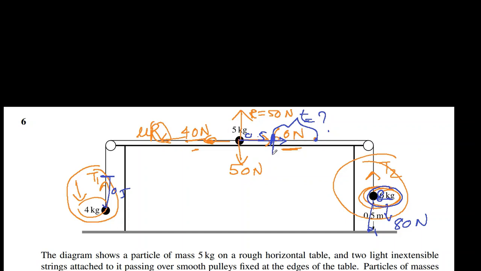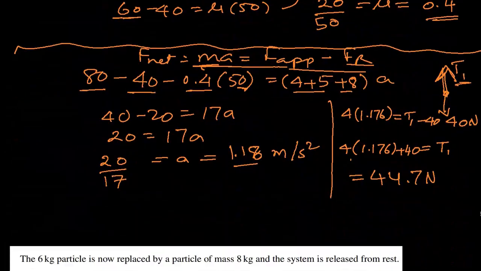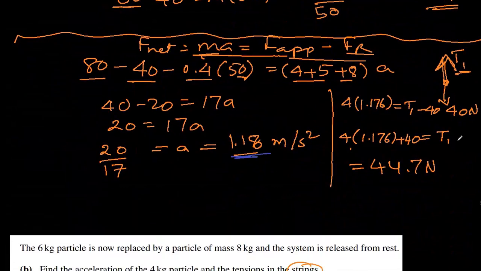Whenever you have such a situation, just find what the velocity was at the point when it hit the ground. We know the whole system moved 0.5 meters, and the acceleration we found was 1.18 meters per second square. We'll use this fact now.